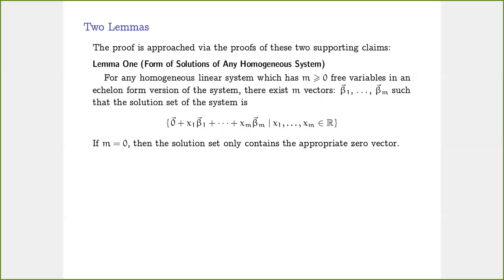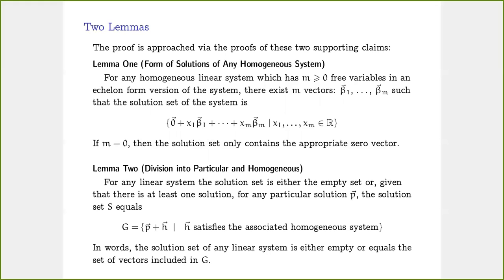For any homogeneous linear system which has m greater than or equal to 0 free variables, in an echelon form version of the system, there exist m vectors, beta 1, beta 2, up to beta m, one for each free variable, such that the solution set of the system looks like the following set. A 0 vector plus 1 vector times a free variable for each free variable. If m equals 0, the solution set only contains the appropriate 0 vector.